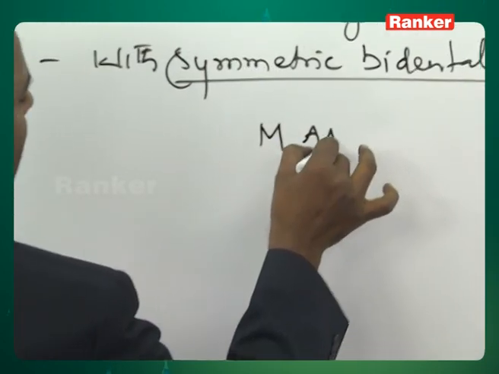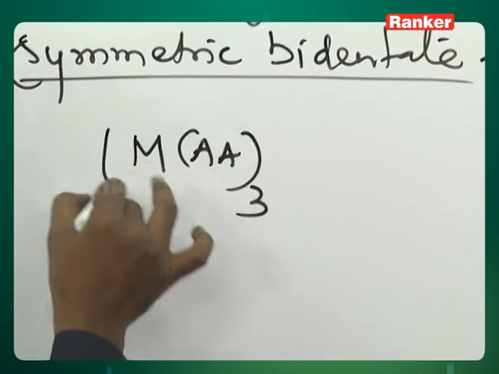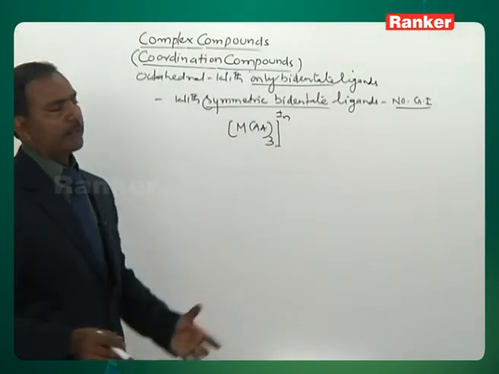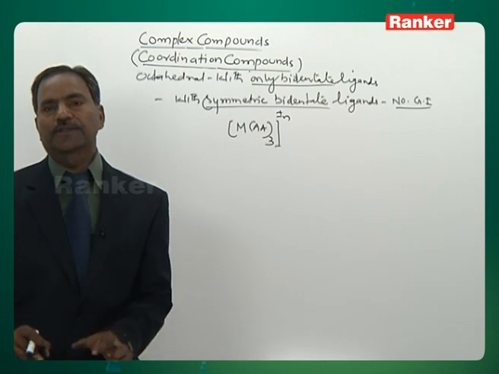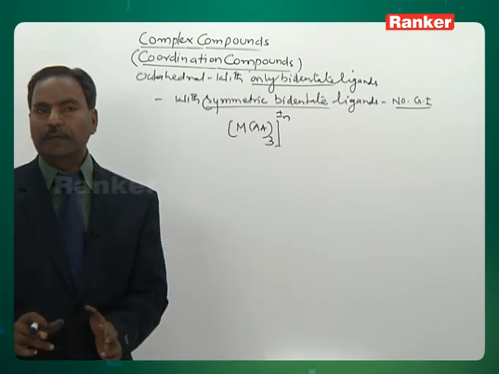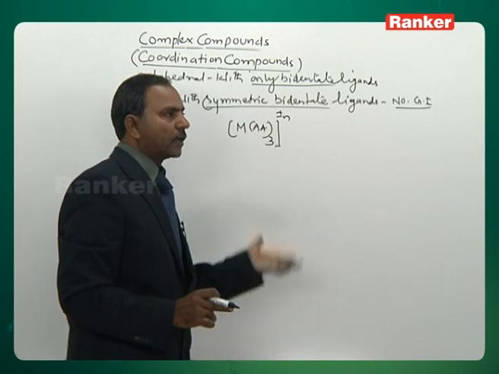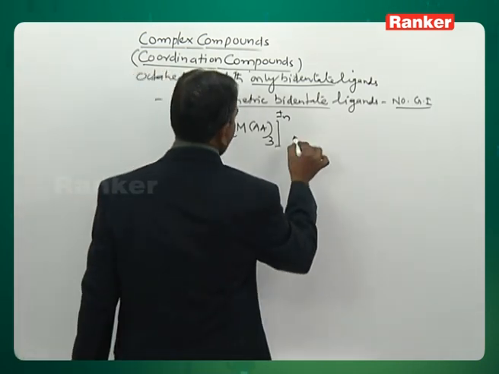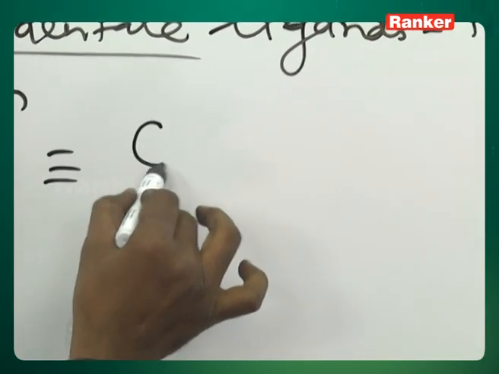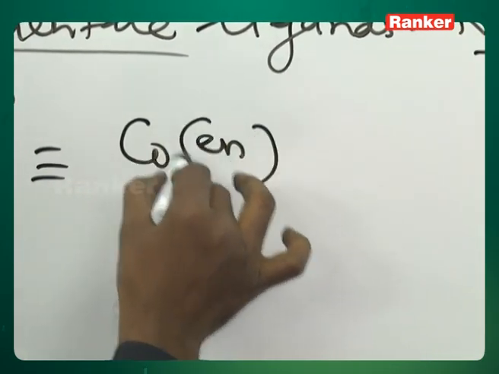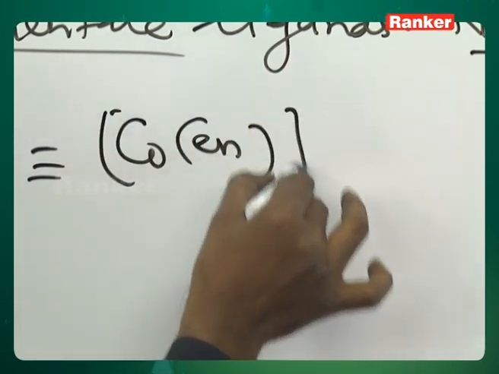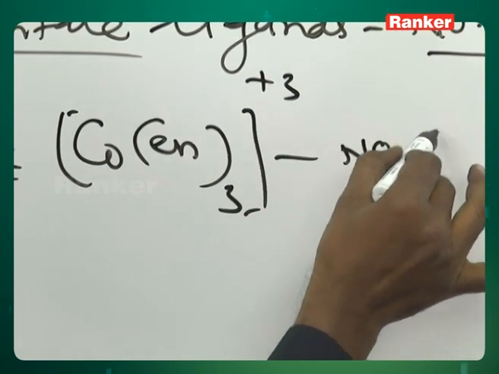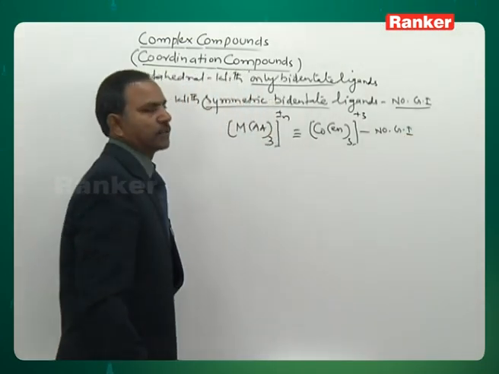Now take MA3 taken thrice, plus or minus n. See, symmetric means, as I said, both the donor atoms are same. Such a ligand we consider symmetric. If such ligands are there in the octahedral geometry, that particular complex cannot exhibit geometrical isomerism. Let me write a real example: Co(en) taken thrice, 3 plus. For this, no geometrical isomerism.